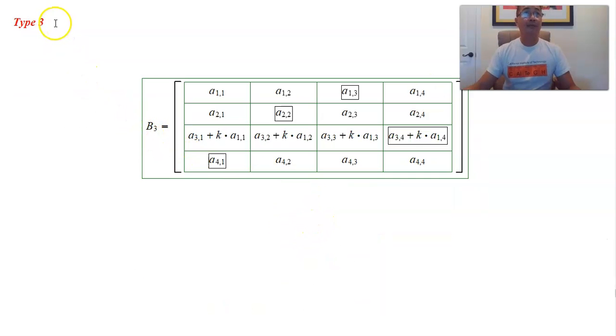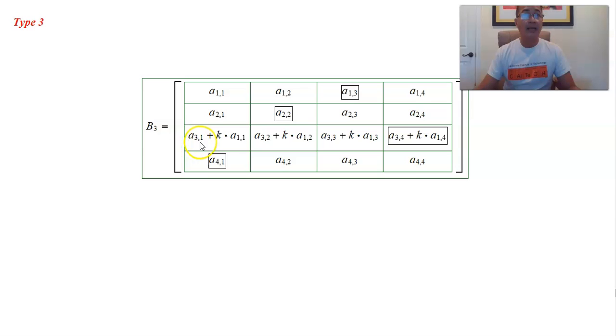Okay, so now we can prove the formula for type 3 row operation. So I took the original matrix A, and then obviously I changed row 3. Okay, so I have A31 plus K A11, A32 plus K A12, and so on.